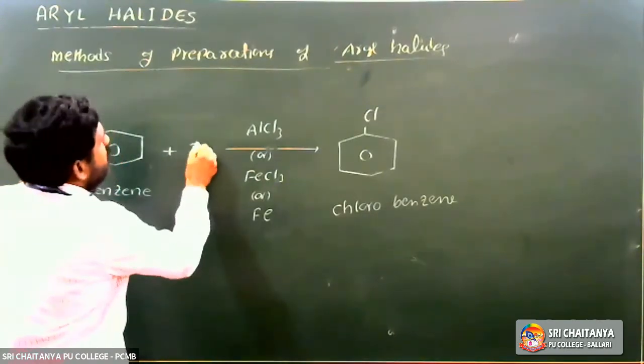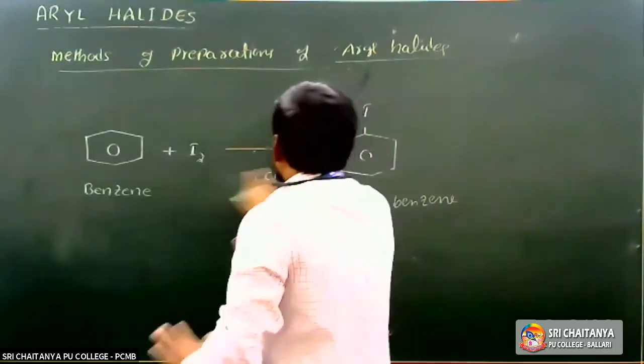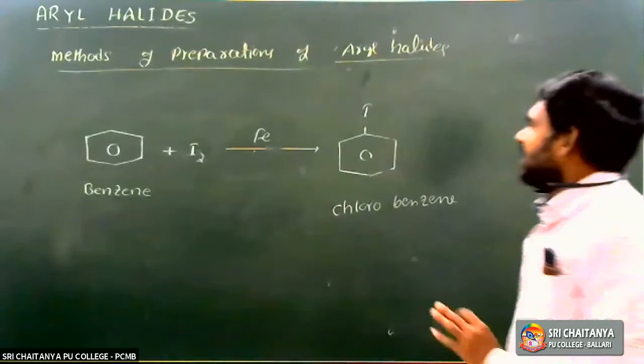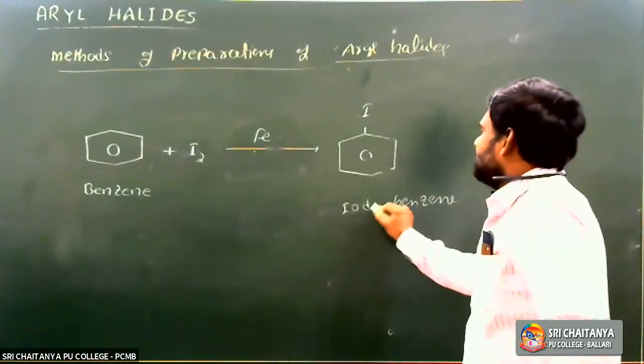If we use iodine, iodobenzene is obtained in the presence of iron, FeI3 or AlI3.